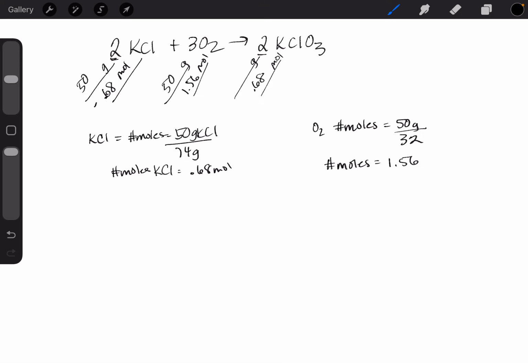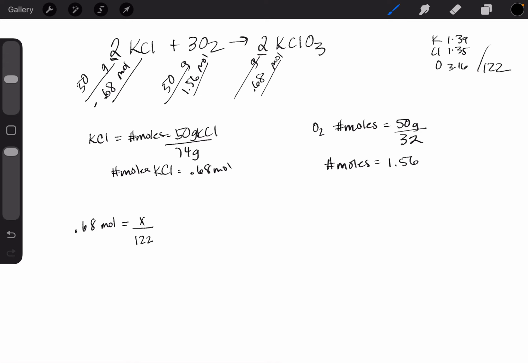Okay, so when I go to figure out my grams of KClO3 produced, I'm going to go 0.68 moles equals my weight given over my weight of 1 mole. My weight of 1 mole of potassium chlorate: I've got 1 times 39, 1 times 35, 3 times 16, for a total of 122.